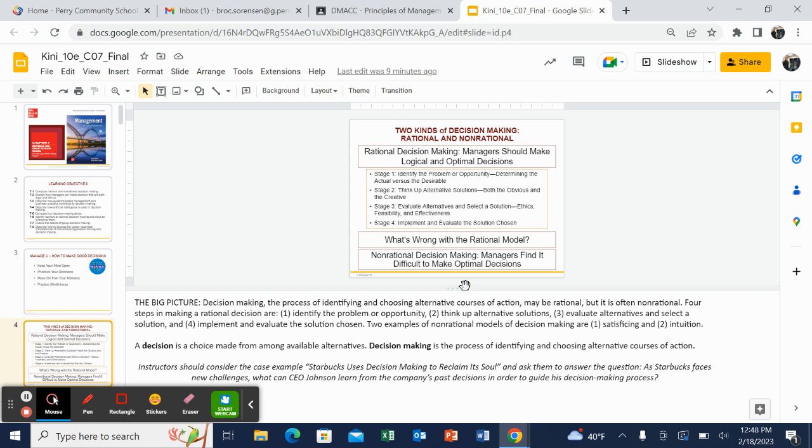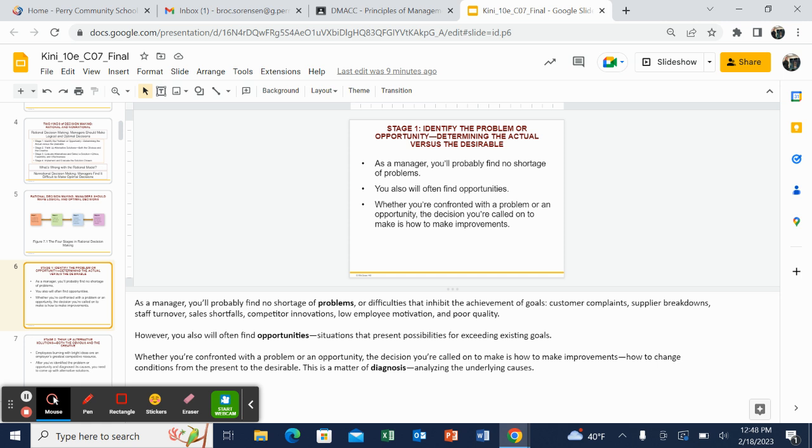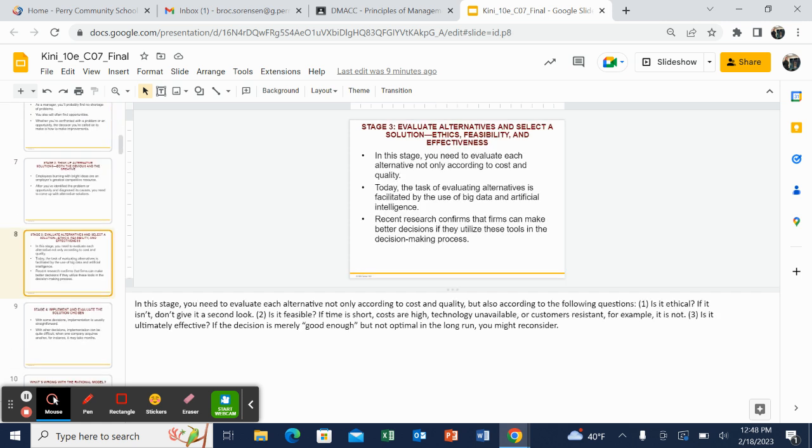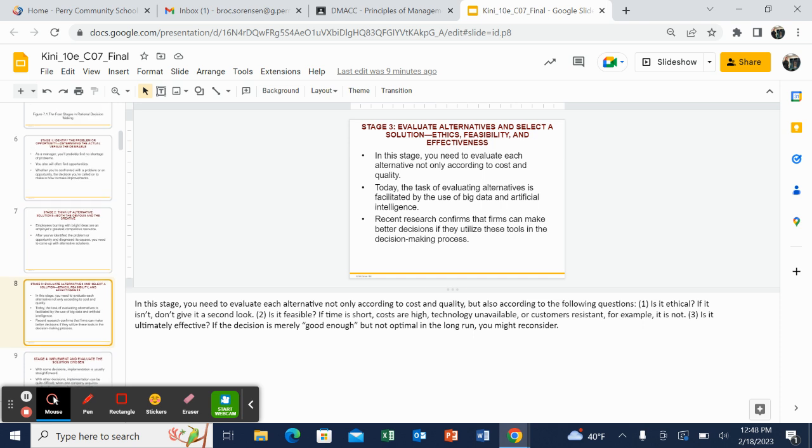But then we take a look at what is actually wrong with the rational decision making model. And really, with the rational decision making model, there are 3 items that are a problem. We've gone through quite a few slides here in terms of the different stages, so I encourage you to really spend time taking a look at these slides and talking through them.